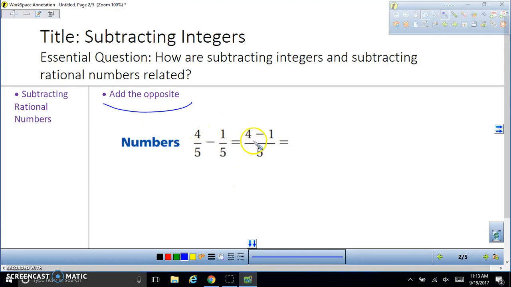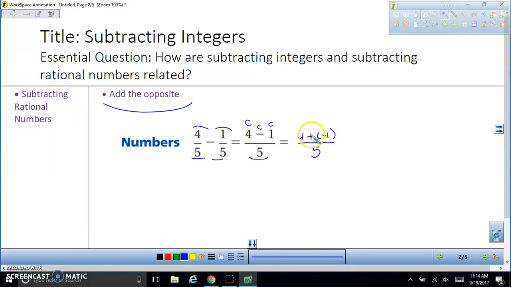Okay, before you can subtract fractions, here's an example, just one for you to follow along with. They have to have common bases, and then we can subtract them. We subtract the numerators, so this can be broken down into 4 minus 1, all divided by 5. So we're going to copy, change, change.